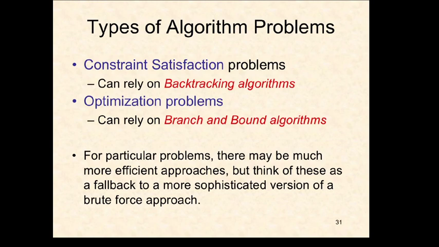But if we can't find anything better, backtracking will always work. For an optimization problem, if we can't find a greedy way, or a dynamic programming way, or a better way to do it, we can always solve it with branch and bound.